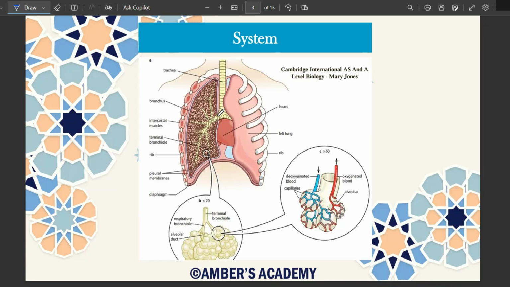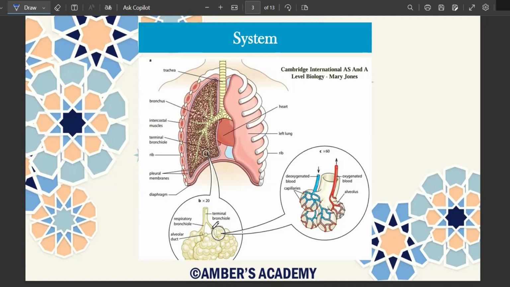The trachea then divides into bronchi, two bronchi, one for the left region and one for the right region. Those bronchi further divide into terminal bronchioles, and attached to the terminal bronchioles we have the alveoli, and the alveoli are also connected with an alveolar duct.